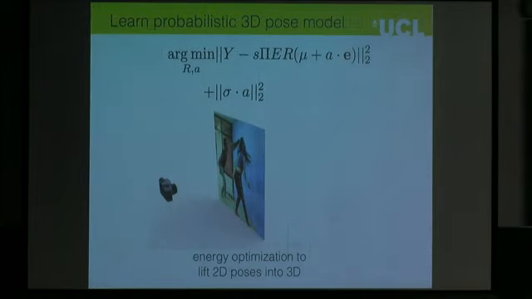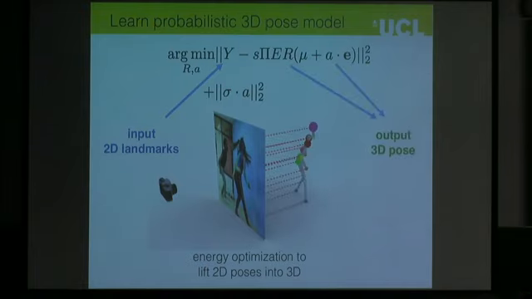Okay, so with this we've now got a model, and if we know the 2D landmarks, then we can solve this optimization problem to estimate the rotation and the coefficients that will lift this 2D pose into 3D.